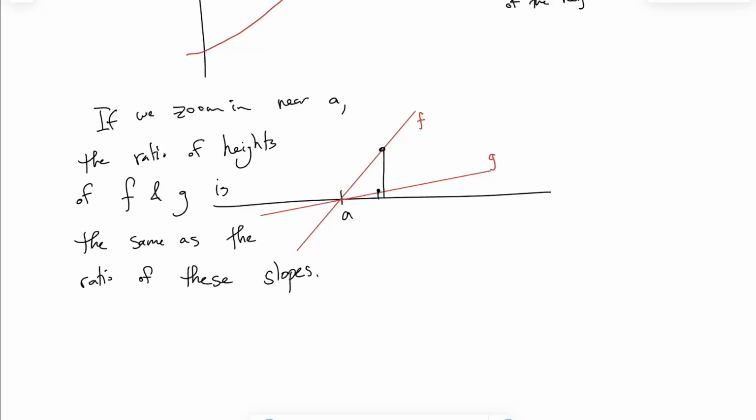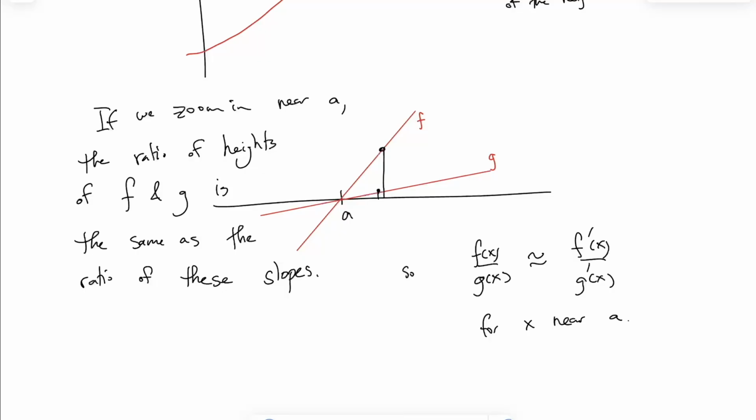And what are those slopes? They are F prime and G prime, right? And so that's why f of x divided by g of x is approximately equal to f prime of x divided by g prime of x for x near A. And in the limit as x approaches A, these are actually equal. And that's the whole point of the L'Hopital rule.